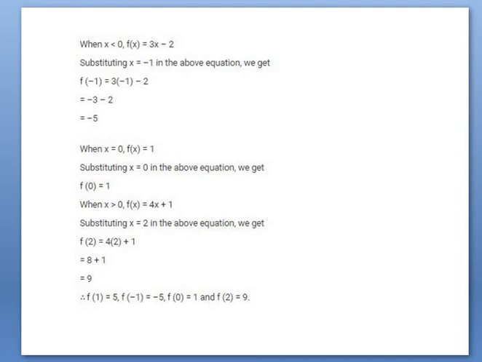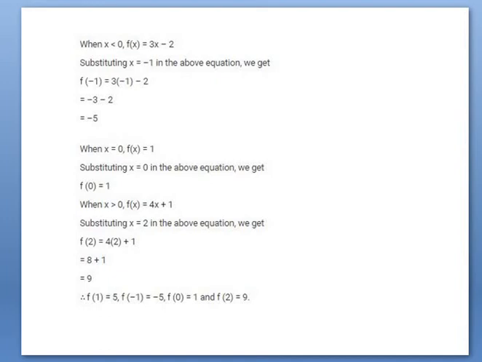Next, to find the value of f of minus 1. Now minus 1 is a negative number. So in that particular definition, it is given that when x is less than 0, the definition of f of x is 3x minus 2. Now substitute the value of x as minus 1. Why? Because we have taken the value of x. See, the particular values I have to find are f of 1, f of minus 1.